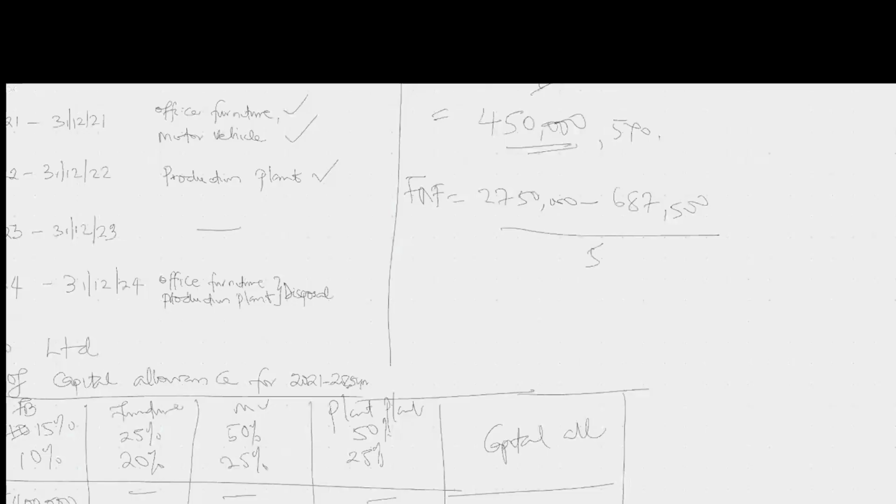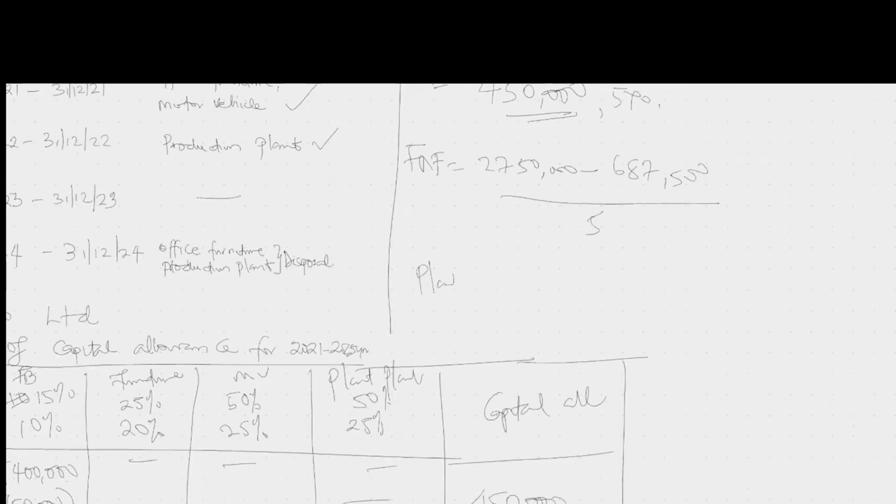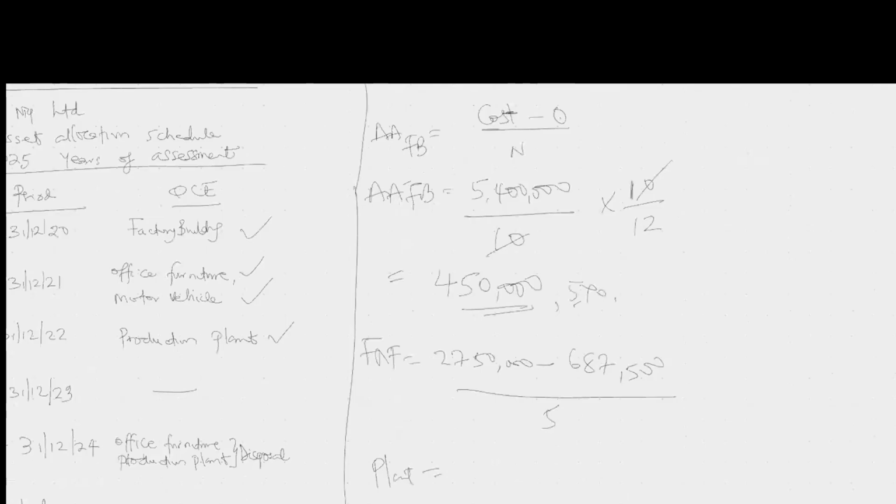Sorry, sir. Yes. The annual allowance is 450, not 540. In the second year of use, we are not going to prorate. We prorated that one because the number of months in the base period is not up to 12 months. That's why we prorated that one.